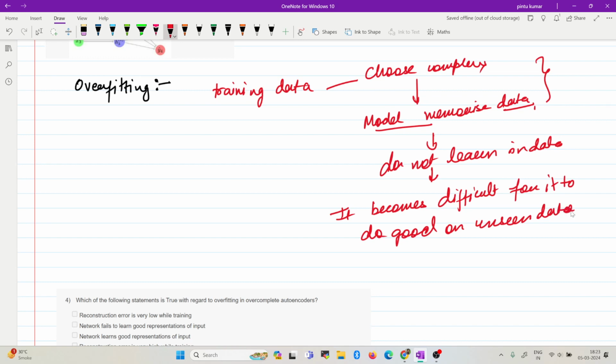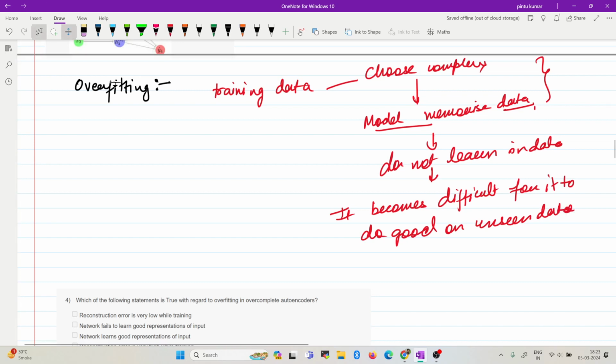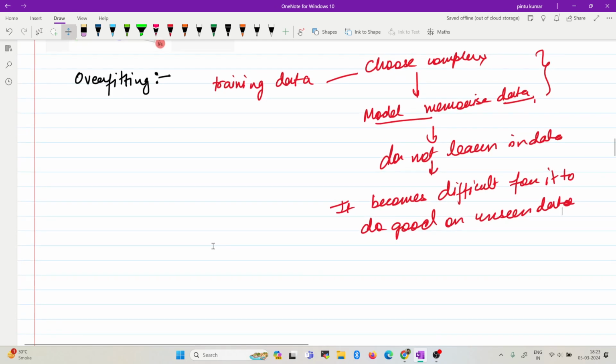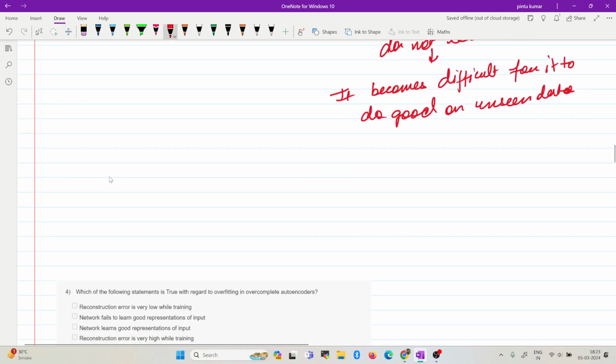So what does an overcomplete autoencoder look like? Let's say I have two inputs, 3 or 4 neurons in the hidden layer, and 2 outputs. Something like this.